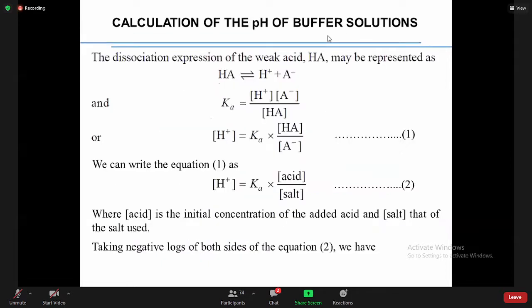You take one base, and there will be dissociation of the base, and then you will get the base and salt, and it will be Kb.